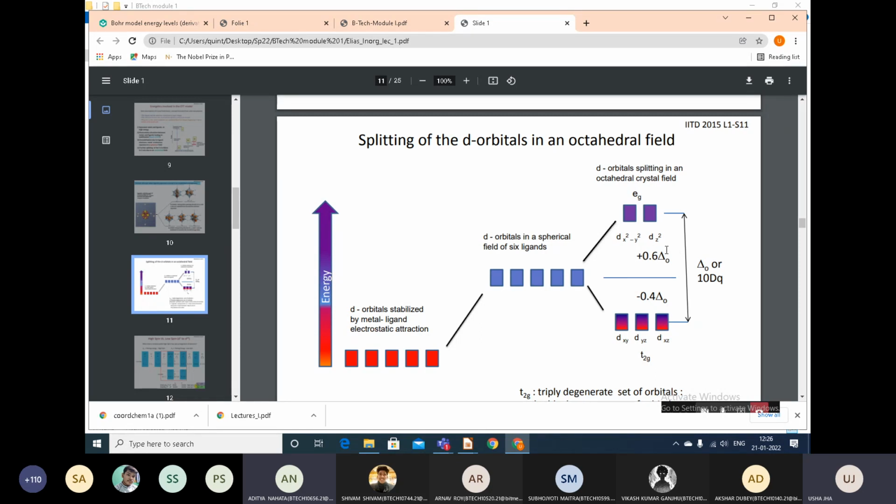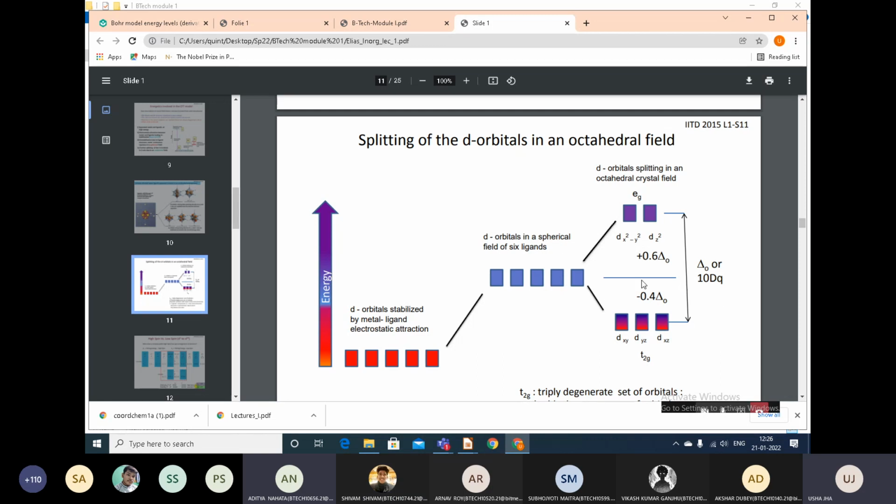So we give this as plus 0.6 delta O, that is an increase in energy by the amount that is lowered here. So this is increased by 3/5, and this is lowered by as much as this is increased, so by 2/5. So this is minus 0.4 delta O, and this becomes plus 0.6 delta O. And this is the average.